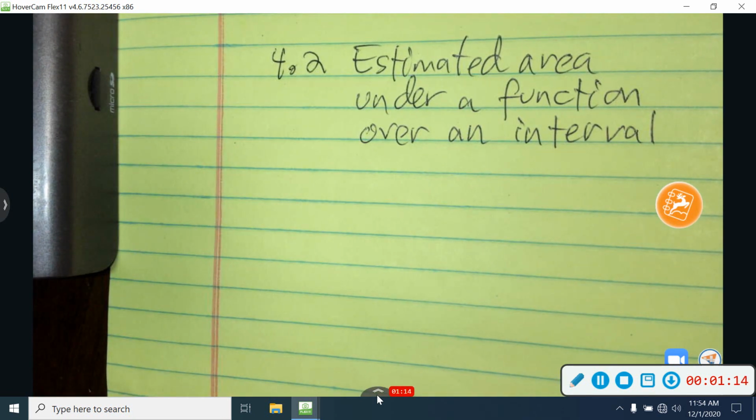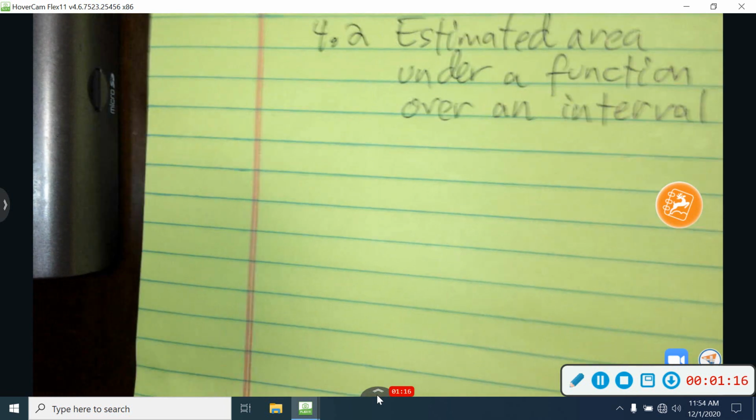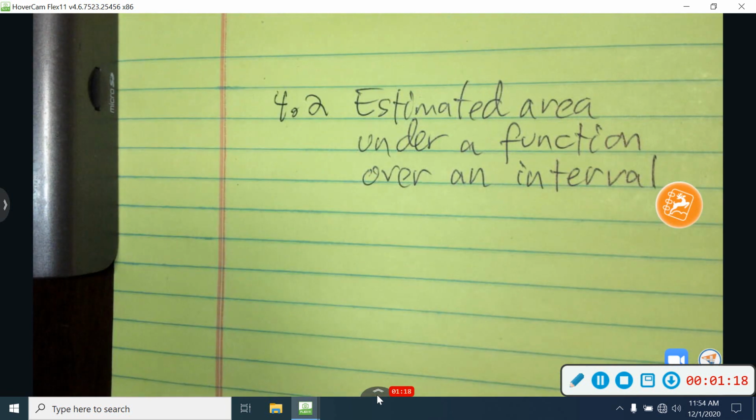And we did that by putting rectangles underneath the function and adding up the areas of the rectangles. We found that when we put more rectangles under the function, then we get closer and closer to the area. But we never got the actual area.